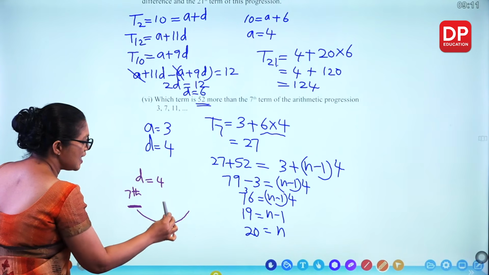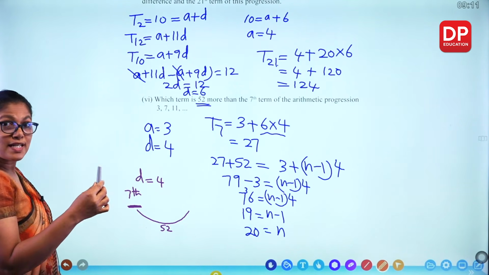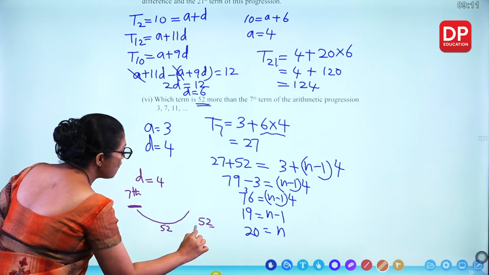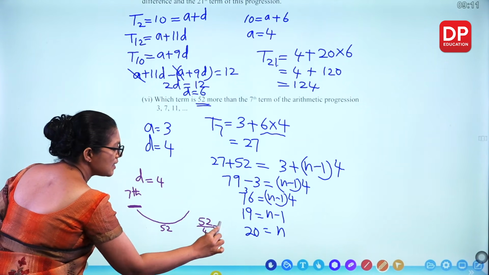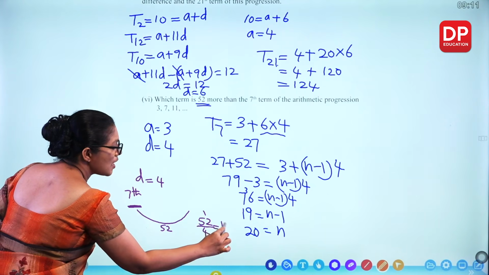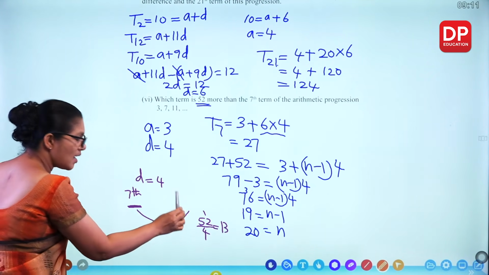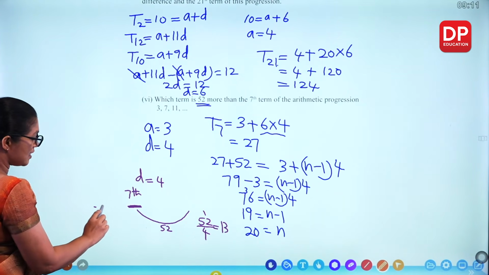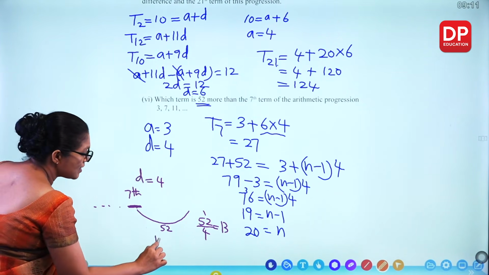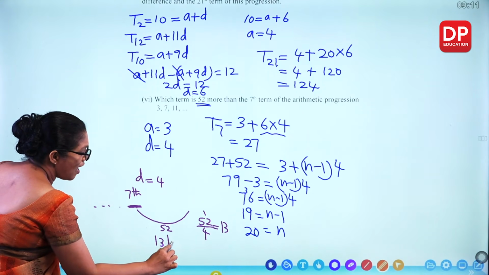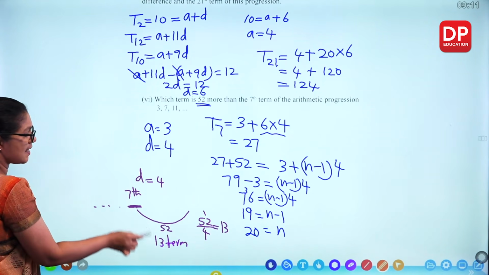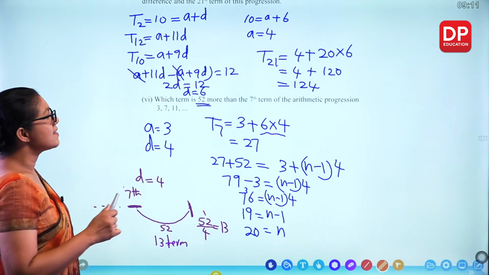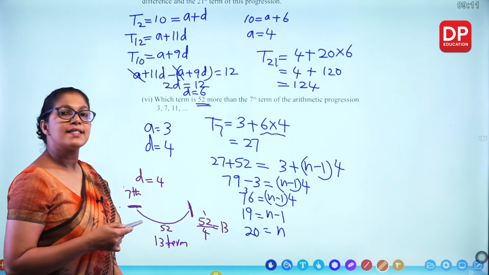So we can see how many terms there are from here. 52 divided by 4 is what? You get 13. 13 terms after 7. This is the 7th term. There are 13 terms after 7. So 13 plus 7, you get the 20th term is 52 more than the 7th term.